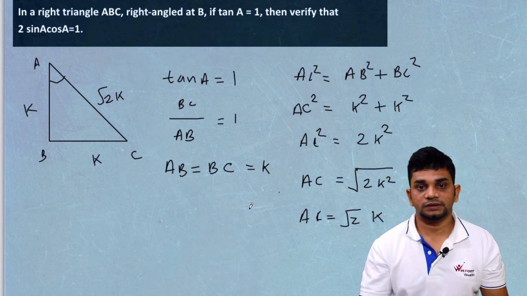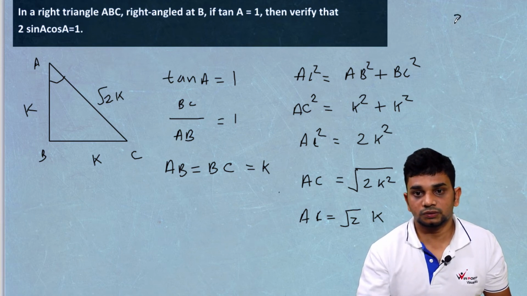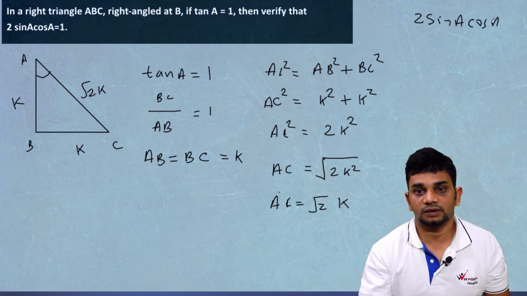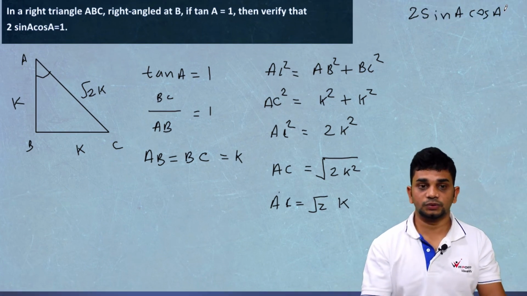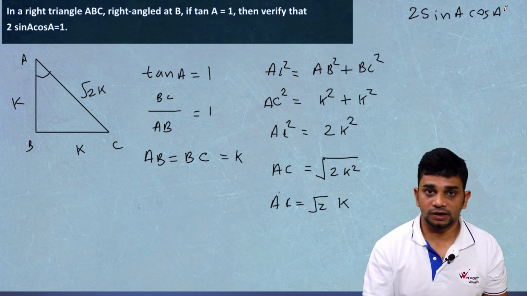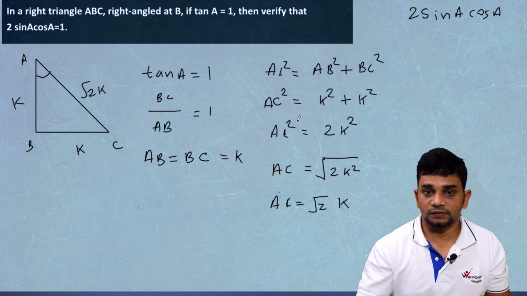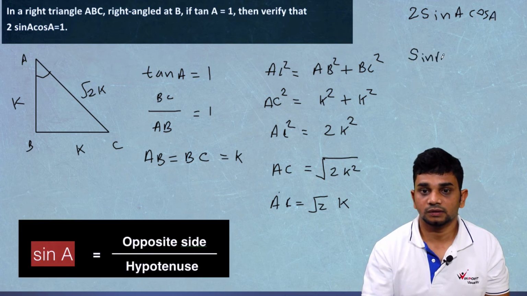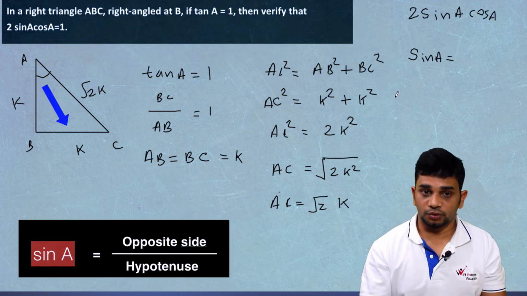Now we need to find 2 sin A cos A, right? That's the question. We need to prove that it is equal to 1. So we are going to find sin A first. What is the equation for sin A? Opposite side by hypotenuse.